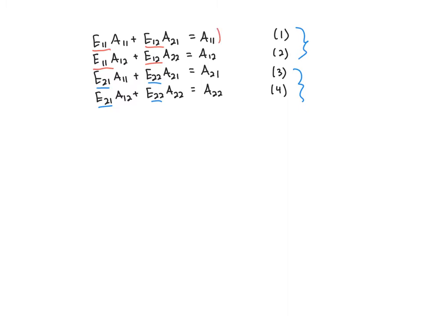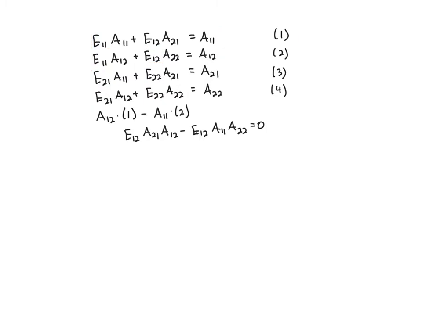Let's multiply the first equation by a12 and the second equation by a11 and take the difference between the two. And why would we do this? Because it would eliminate the constant term on the right-hand side completely, and we would see that it also eliminates this first variable. So if you do that calculation, you should see that you get a12 here, a12 here.